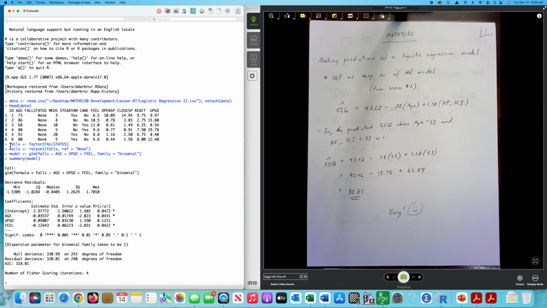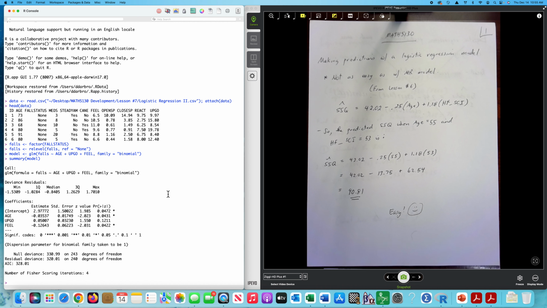So I did the standard stuff in terms of forcing falls as a factor, renaming it for something easier to type, and releveling so the reference category is clear. So I ran my model and got my coefficients.